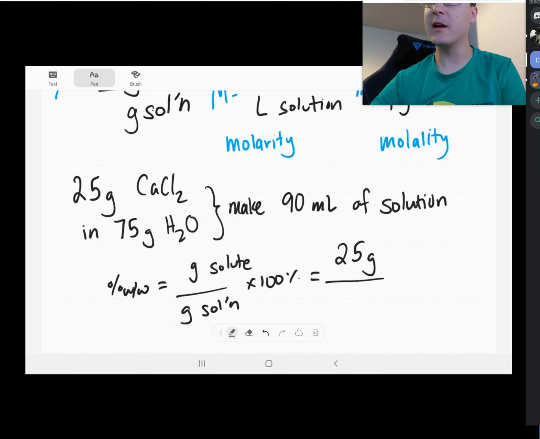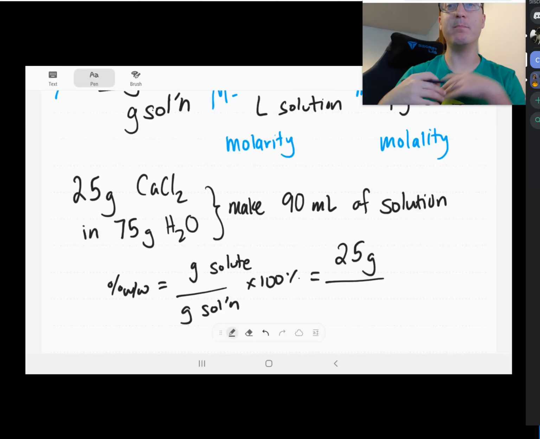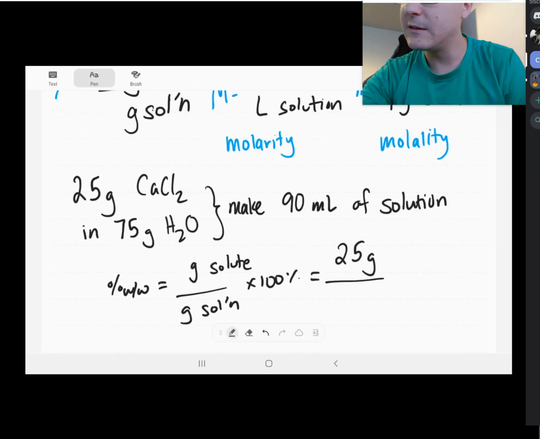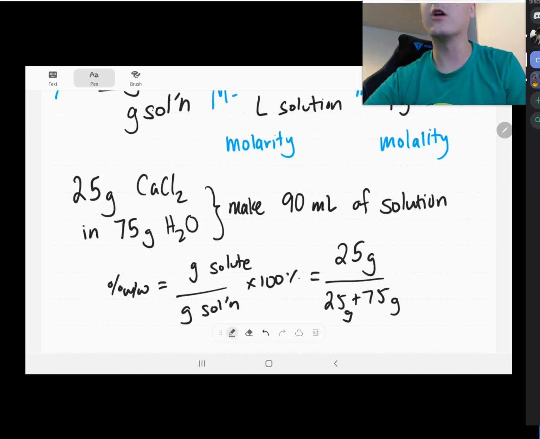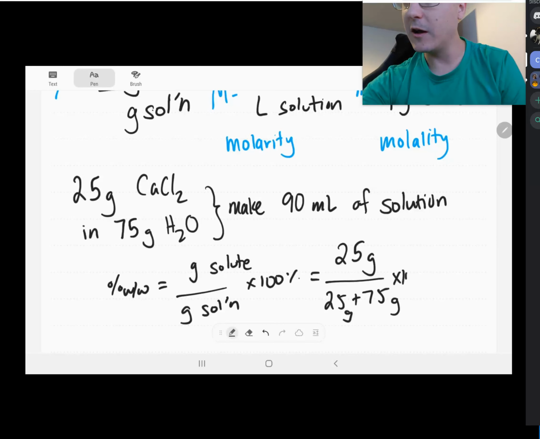Yeah, it's 100, right? Because the solution is both the solute and the solvent. It's both components. So that's going to be 25 plus 75 grams. Or as Zoe has already calculated, that's 100. Right? And if we go ahead and do the math, we see that this is 25%.